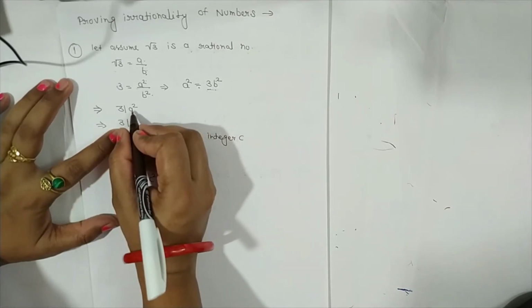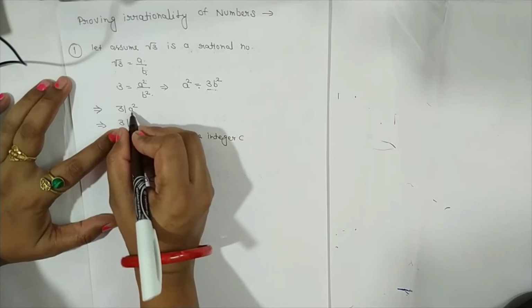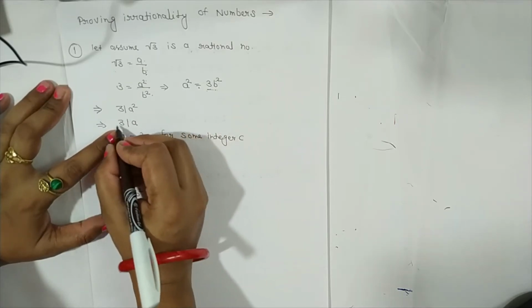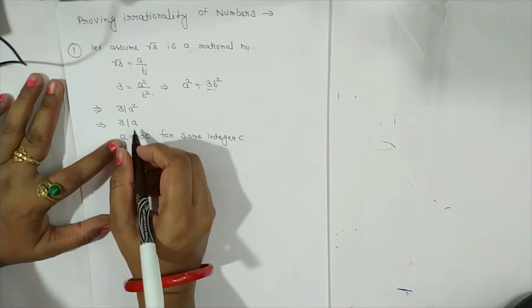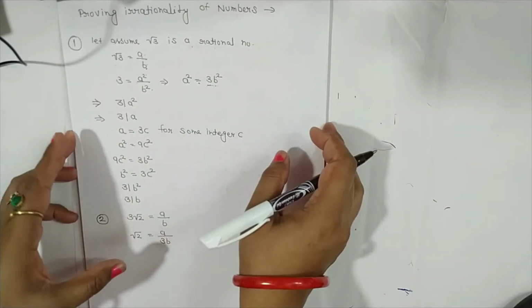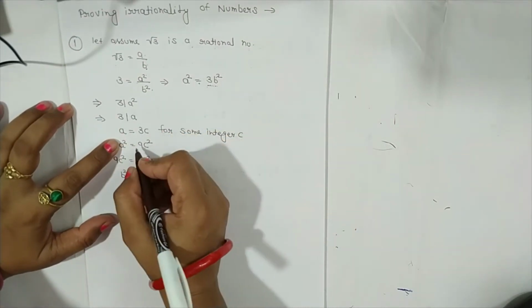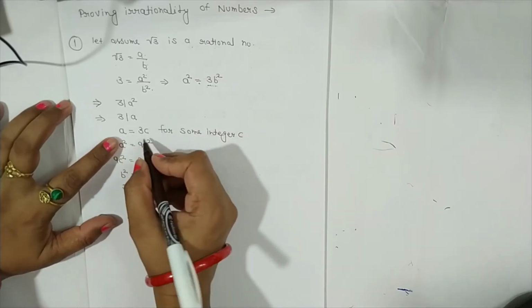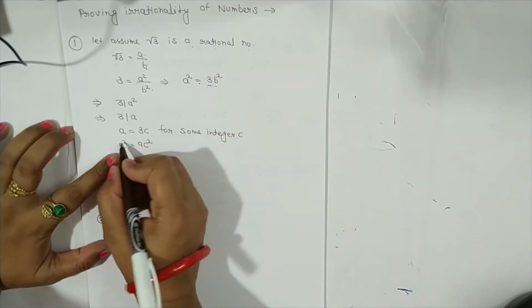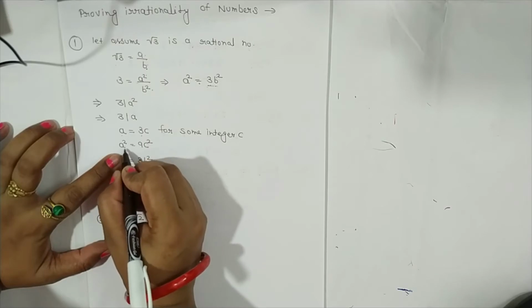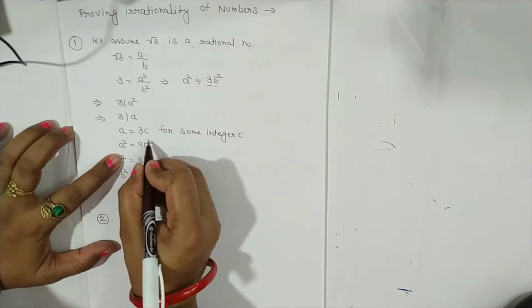If a square is divisible by 3, we can say that a is also divisible by 3. So for the value of a, let us assume it will be 3c, where c is any integer. Now squaring both sides, a square equals 9c square.